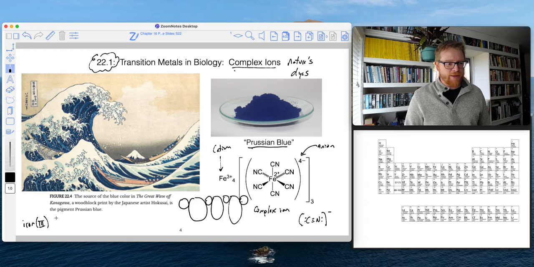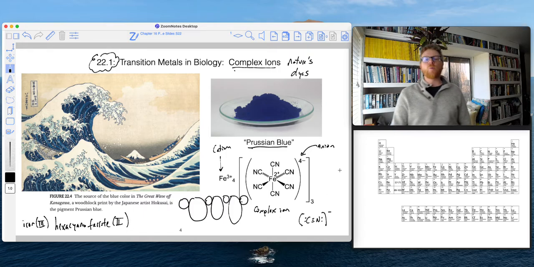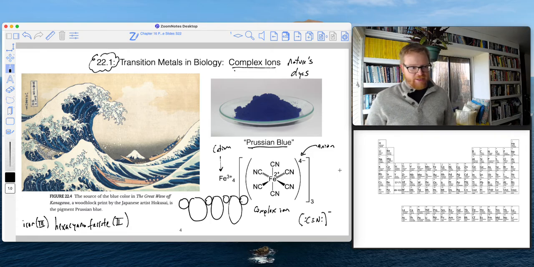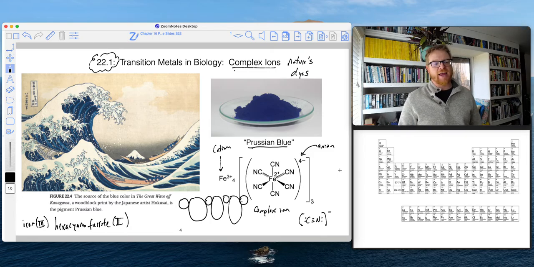So that's going to be hexacyanoferrate(II). So this whole Prussian blue, the actual chemical name is going to be iron(III) hexacyanoferrate(II).